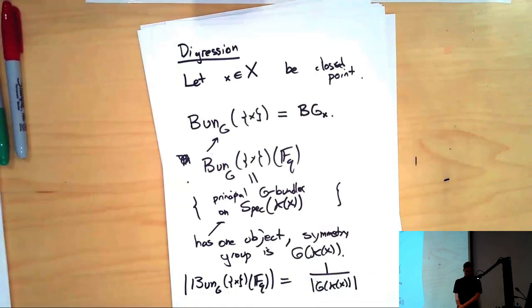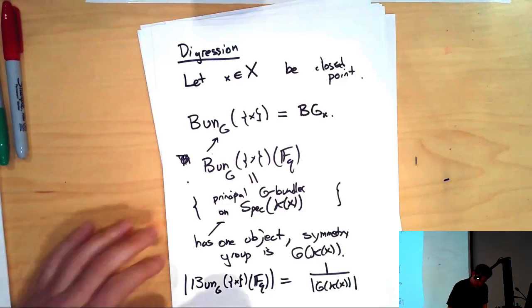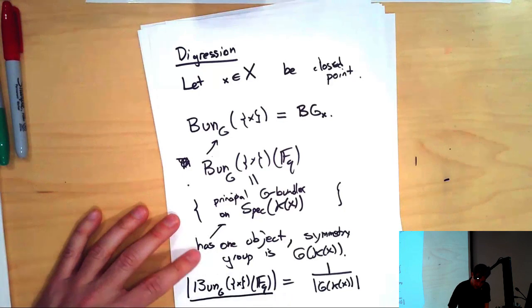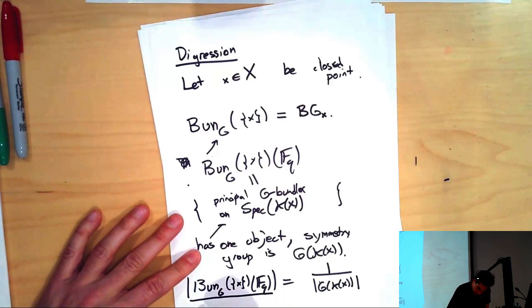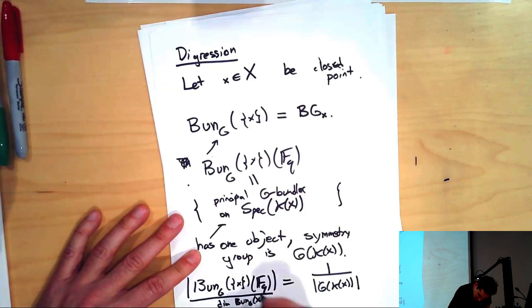So that's the number of points, but what if I was to normalize that by dividing by the expected number? So let's divide on the left-hand side by the power of q to the dimension of Bun_G,x.